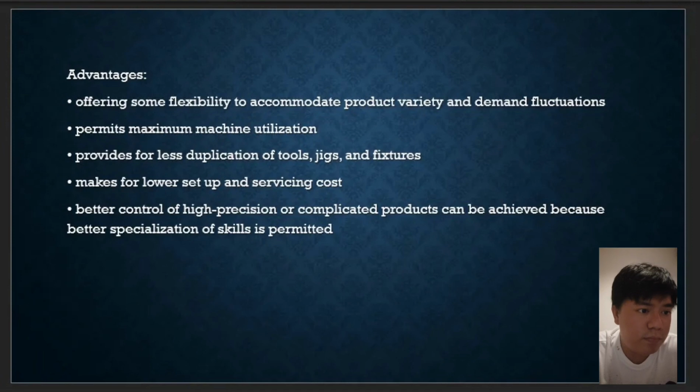And the 5th is better control of high precision, or a completed product can be achieved, because better specialization of skills is permitted. So that's all.